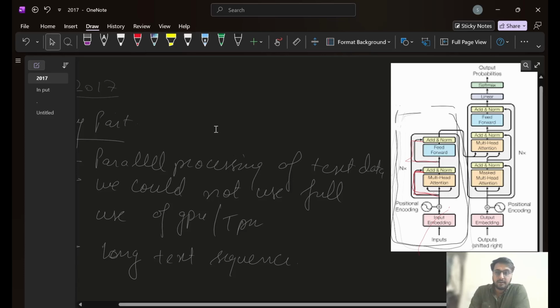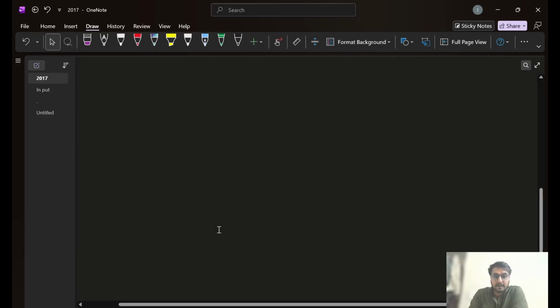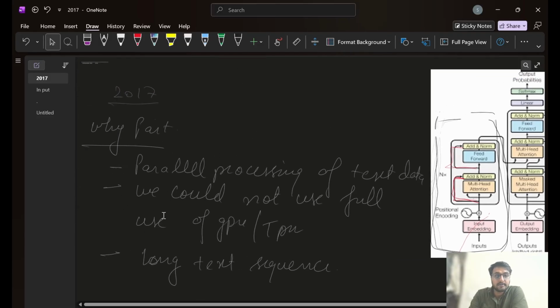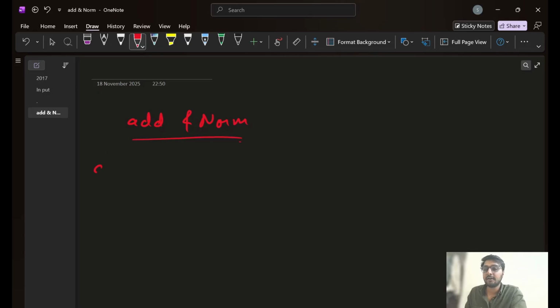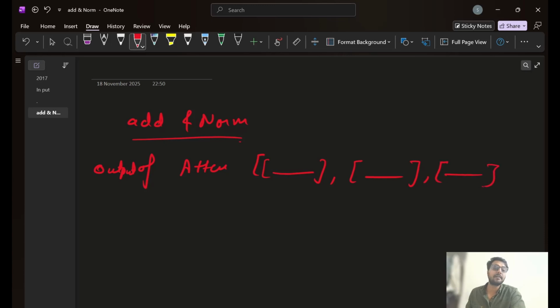Okay, now let's understand the add and norm part. What is addition and normalization? Add is simple. The output of attention is a set of three attention vectors that have the information about which word is important.